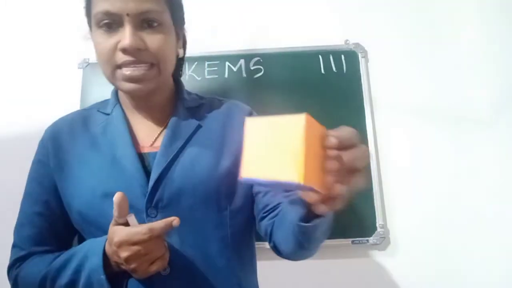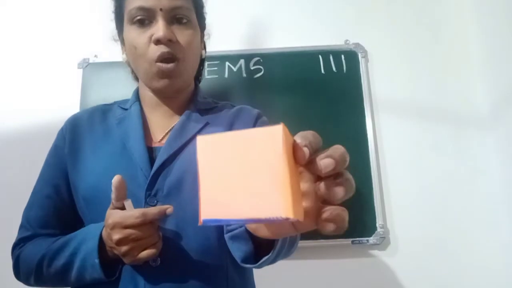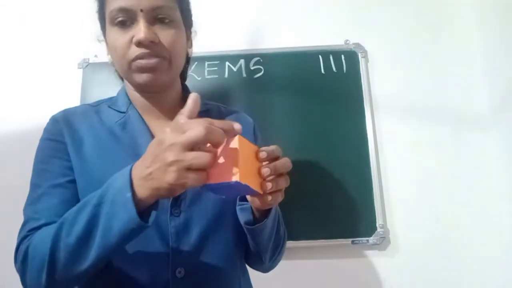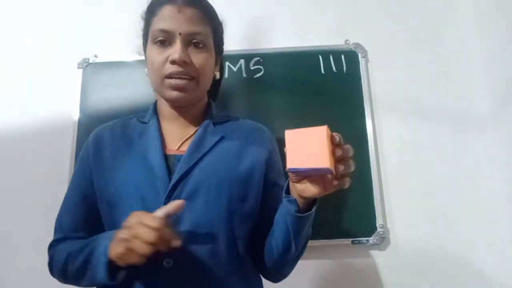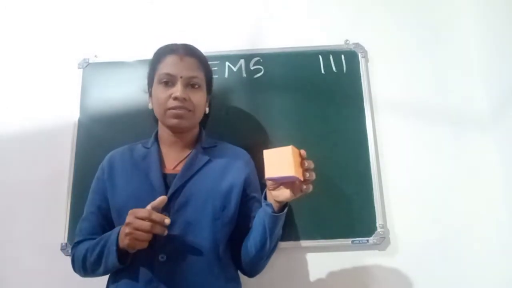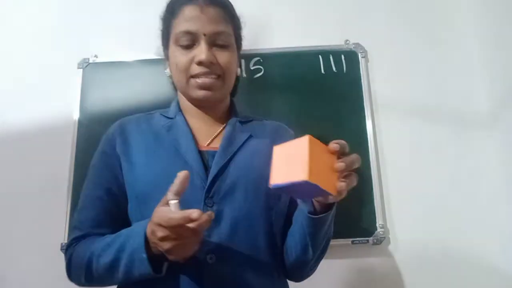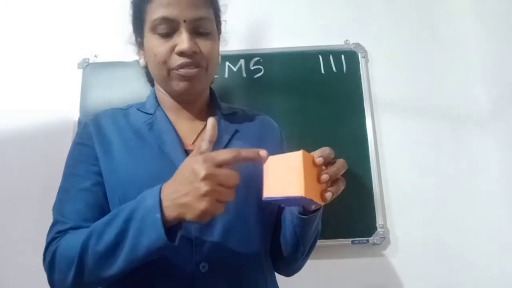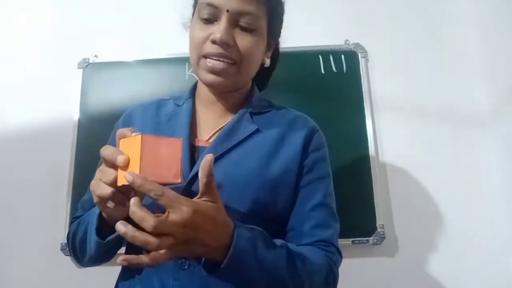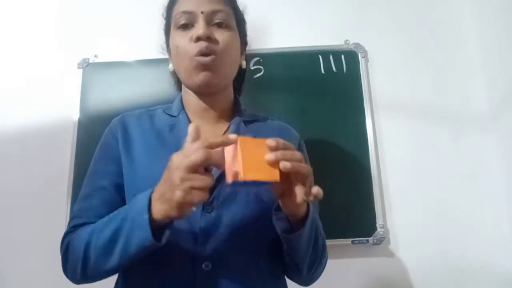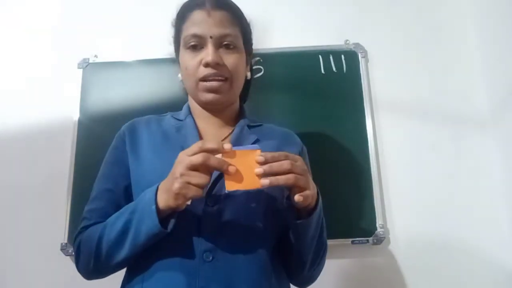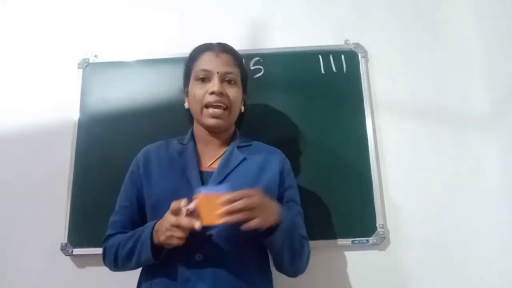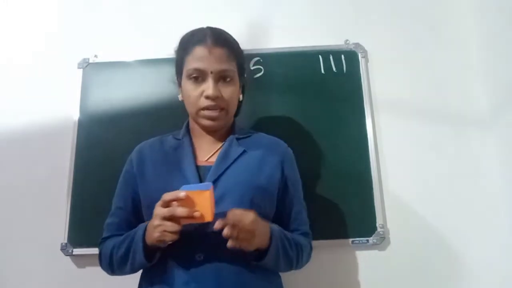Then does it have corners? Does a cube have corners? Yes, of course, it has corners. So these are the corners of the cube. How many corners does a cube have? 1, 2, 3, 4 and 5, 6, 7, 8. This side 4 corners and this side 4 corners. So total 8 corners. Clear? So a cube has edges, faces and corners.